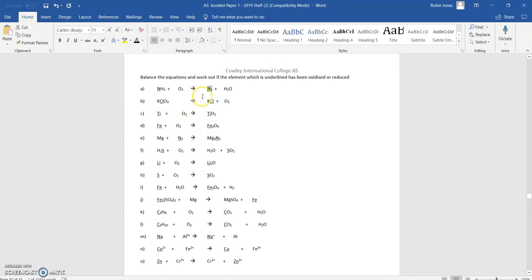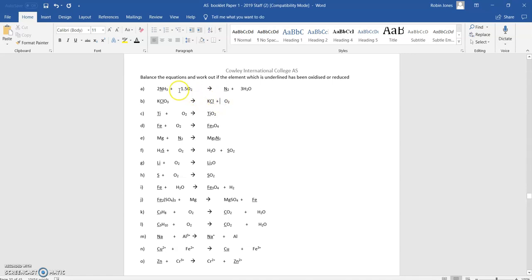So once I've done my oxidation exercise, I'm going to balance them just to tidy things up because it annoys me if things aren't balanced. 2 N's, now I've got 6 H's, so I'm going to put 3 waters to make the 6 H's. I've now got 3 O's, so I'm going to need 1.5 oxygens there.